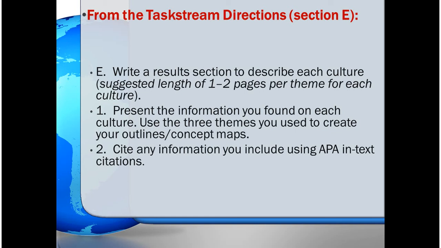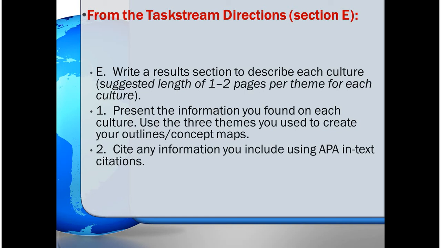Every time you put an idea that you found in somebody else's work, you need to cite that person's work and give that person credit by providing an in-text citation. That means there's going to be a high number of in-text citations in this section, and that is important.